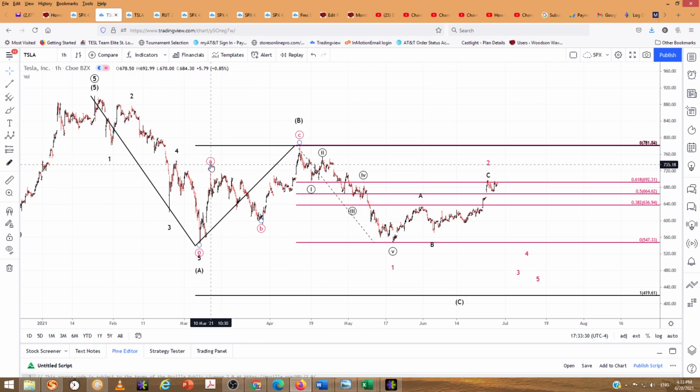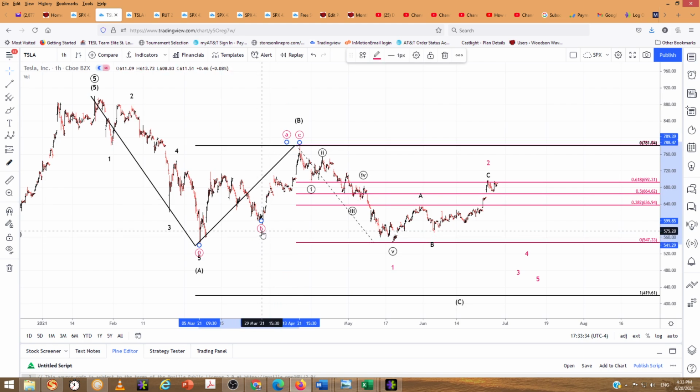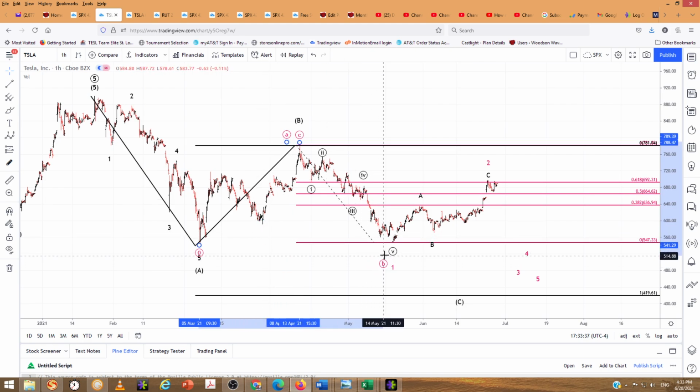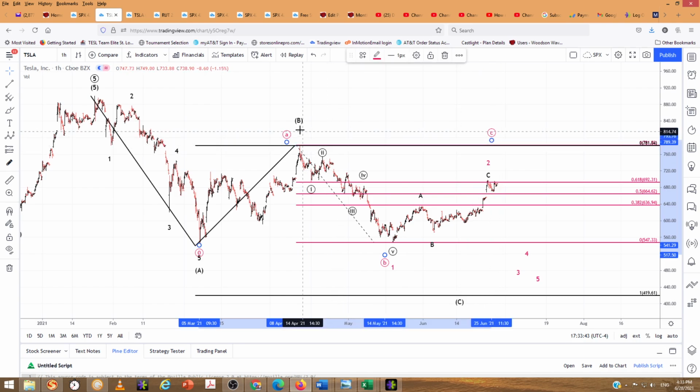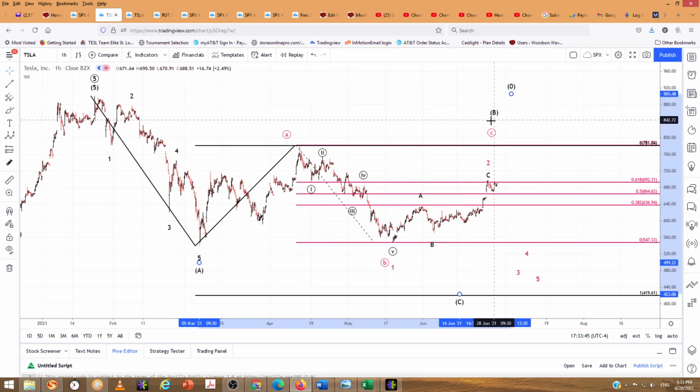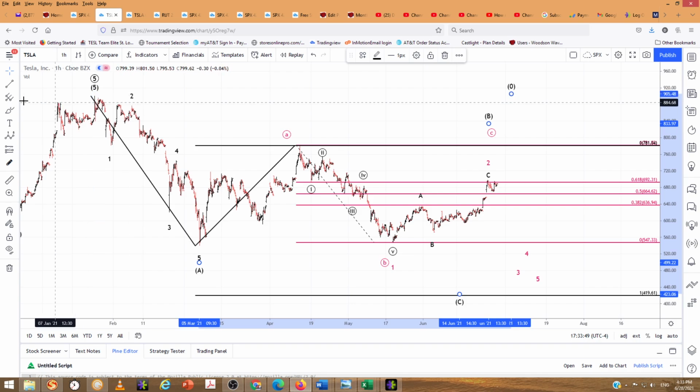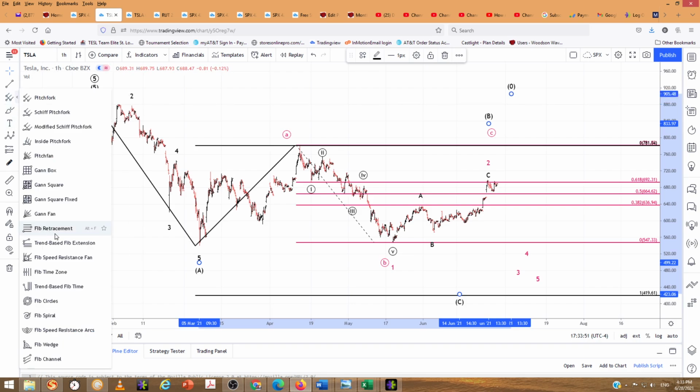Okay, let's do this. I want to show you guys. This could be A, this could be B, and this could be C, and it could go higher, okay, to make B over here. Okay, so let's look at these retracements to see where this could go.